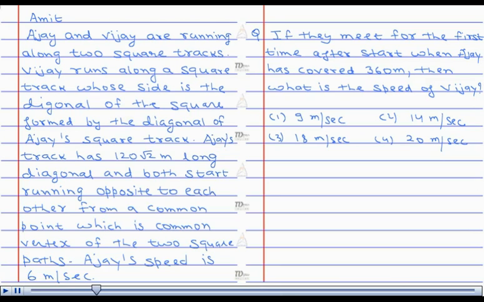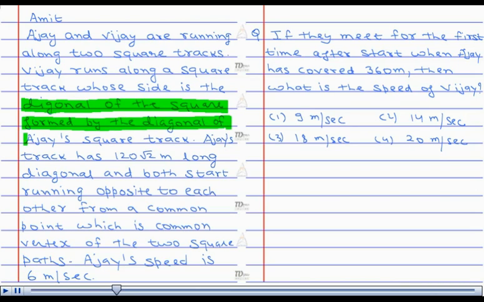The important point to be noted in this question is that Vijay runs along a square track whose side is the diagonal of the square formed by the diagonal of Ajay's square track. Now the word diagonal has been used twice. So first draw a diagram.